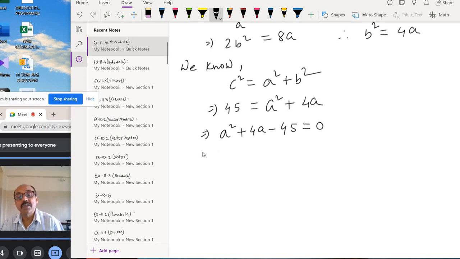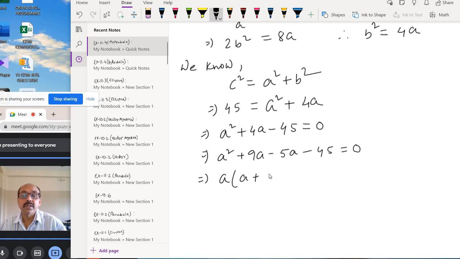So find the middle term factor. 5 into 9 is 45, 9 minus 5 is 4. So a square plus 9a minus 5a minus 45 equal to 0. a is common, a plus 9, from the last two terms 5 common, a plus 9.